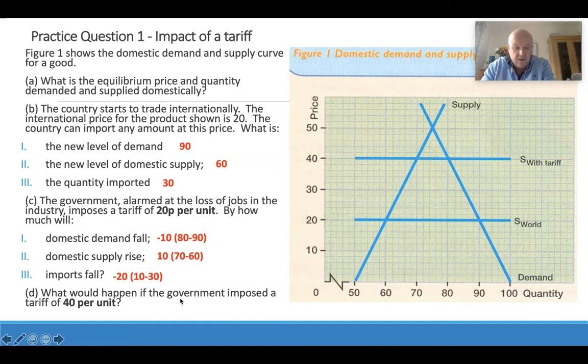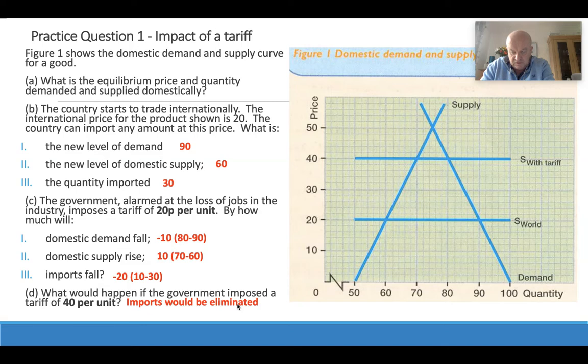Okay. Now, if we get into a scenario where the government imposed a tariff of 40 pence per unit, so added to the 20 pence world price and made it 40, that would essentially drive the price up to 60, and in that scenario, we wouldn't be importing any.